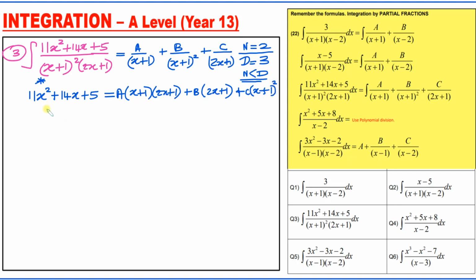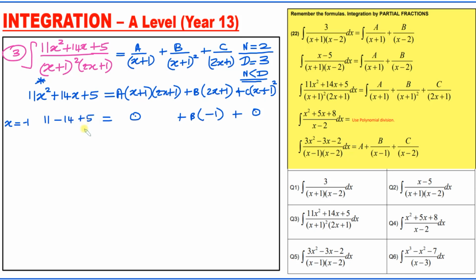Now what we are going to do is substitute the coefficient x equals minus 1. When x equals minus 1, remember the a term becomes 0, and this becomes b times (minus 2 plus 1), which is minus b, and c is 0 here, and the left side produces 11 minus 14 plus 5.